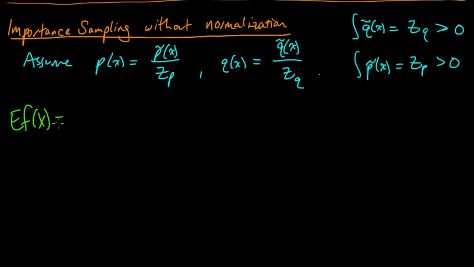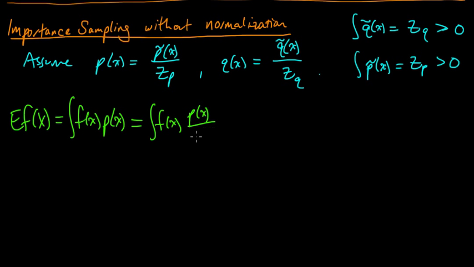What can we do? Well, let's write down what this expectation is, and we'll see what happens if we try to do importance sampling. So this is the integral of f of x p of x, integrating over dx. And now if we multiply and divide by q of x, what happens? Let's just do it and see. Well, we don't know these, so let's plug in what we do know.